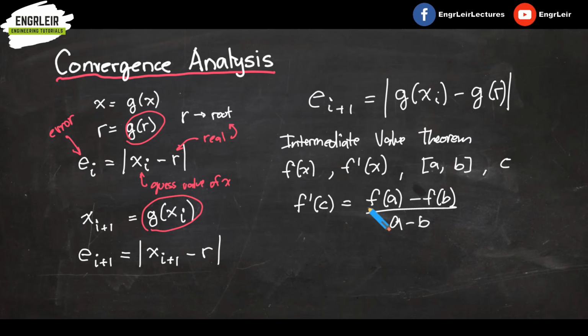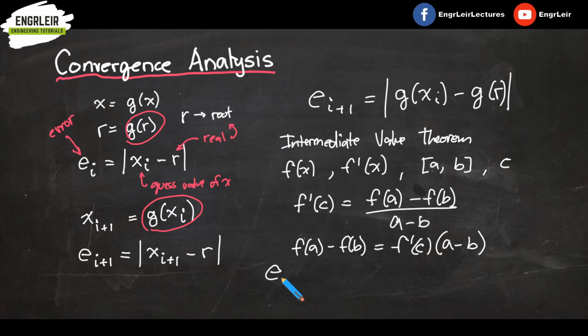Now, rearranging this, ang makukuha mo is the function at a minus the function at b is equal to the derivative at c times a minus b. Yung function a minus function b, pwede nating i-substitute tong values na to. Okay? Pwede nating i-substitute yung values na yan.